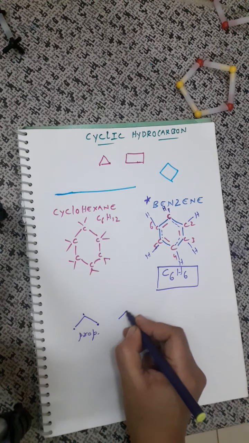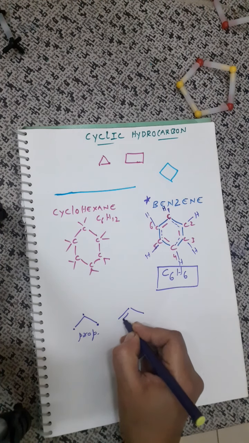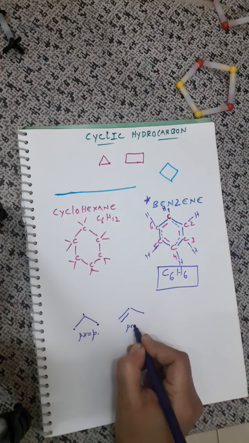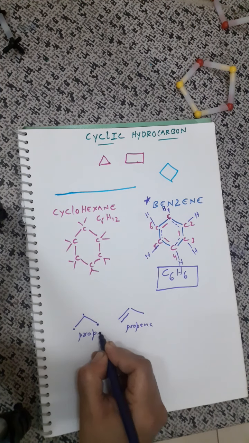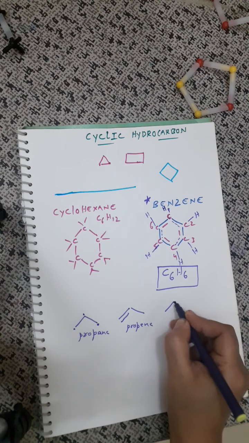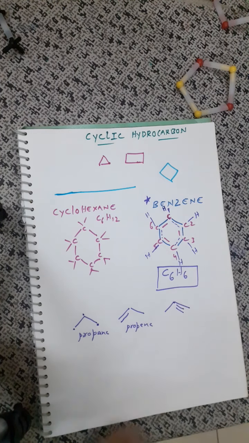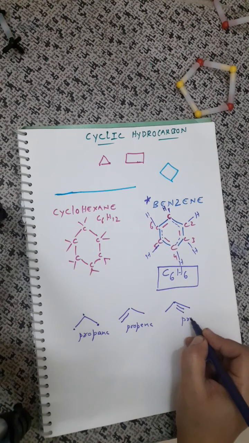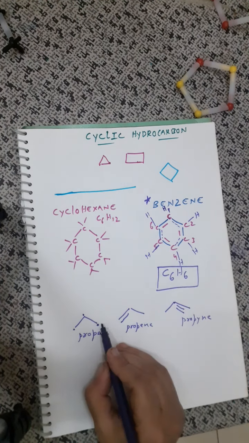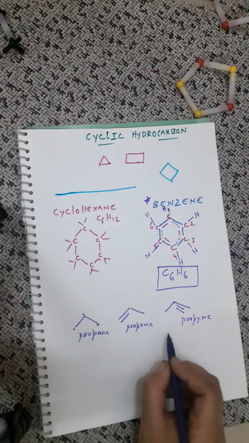Similarly, if suppose I draw it like this, so what could it mean? It means it's a propene. This is a propane and this is a propene. Suppose I draw it like this, yes, this is a propyne. Fine. So hydrocarbons can also be represented like this.